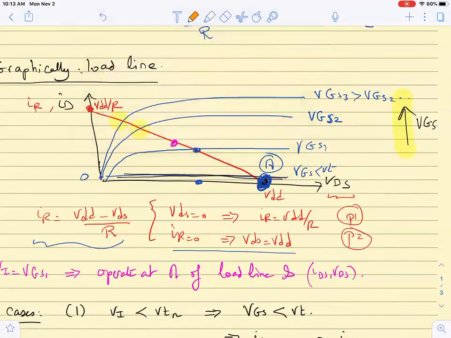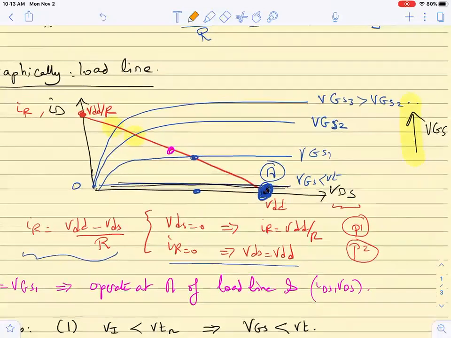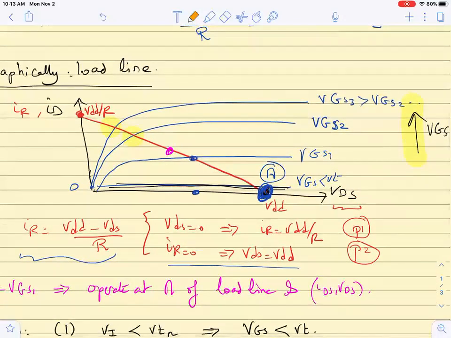What is the biggest input I can give to the circuit? I can go up to VDD. So we can assume that this is when Vn equals VDD. This is the largest possible input. Okay, and in this case, the intersection point will be here. You can see that I am moving towards the linear region.